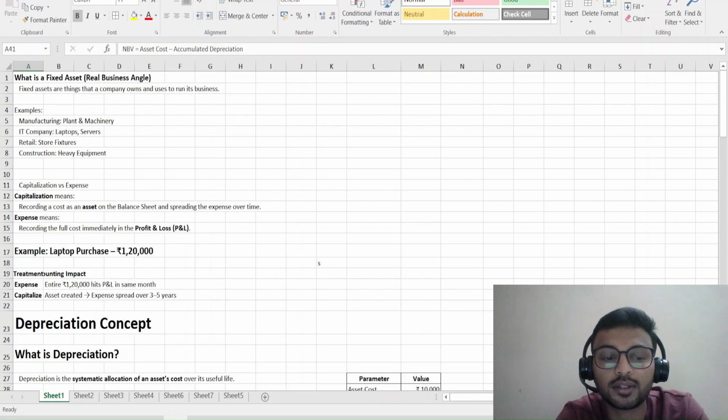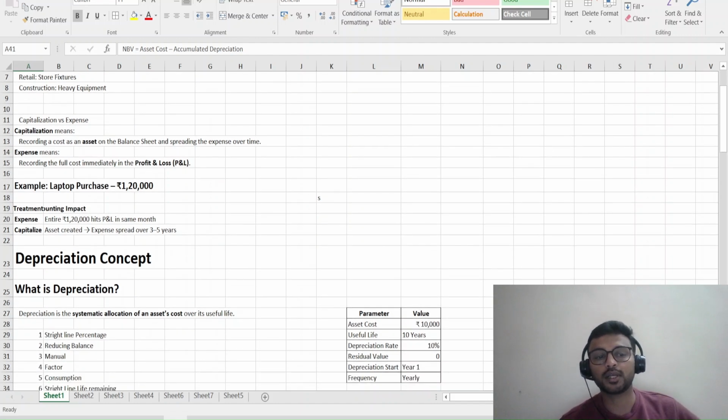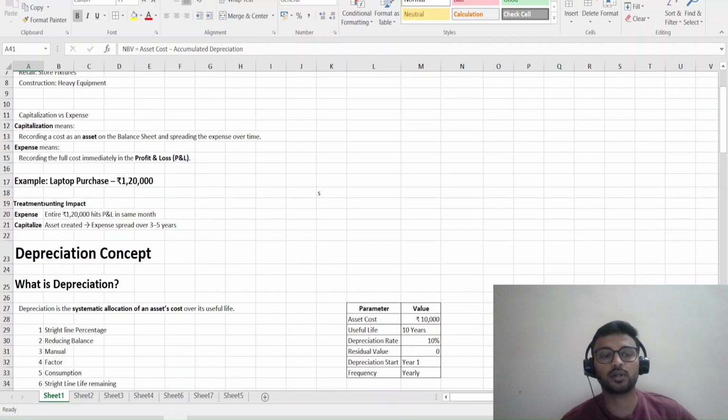So depreciation is nothing but the allocation of the cost over the useful life. Whenever we use the fixed asset, there is wear and tear of the fixed asset, and due to the passage of time we will expense it out as depreciation, as the cost of the asset will reduce as per the usage of the asset. So that is considered depreciation.